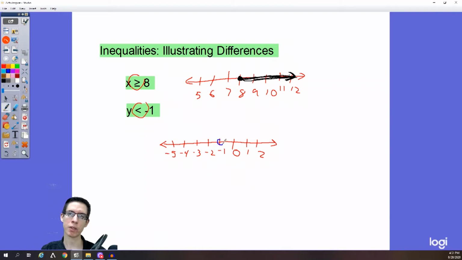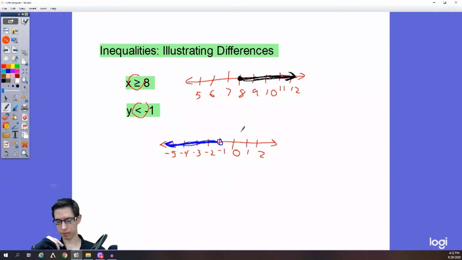We're going to put an open circle on that -1, and then we're going to color in all of the stuff going to our left. And we're going to draw an arrow so that it implies that we're going infinitely to the left. So we've got this open circle here, which means not -1 included, but everything to the left.